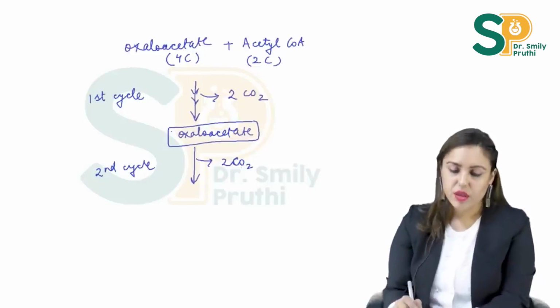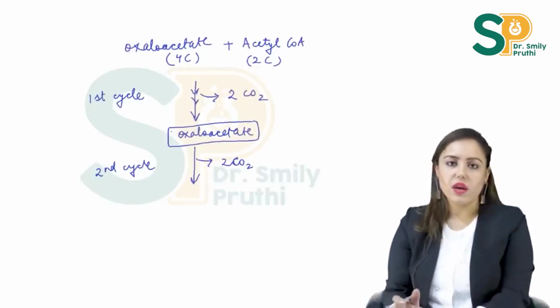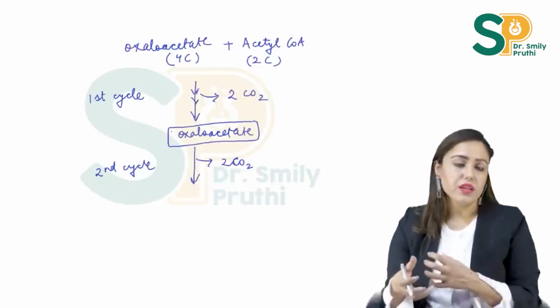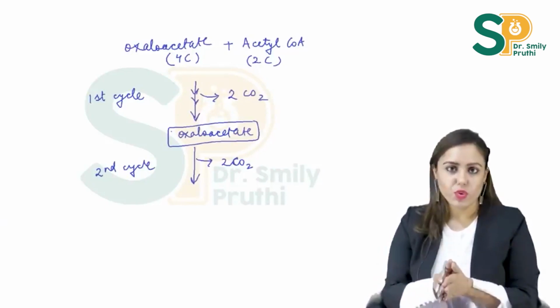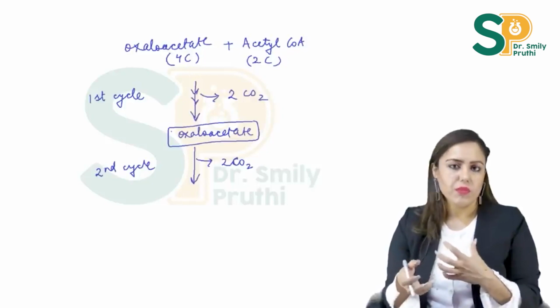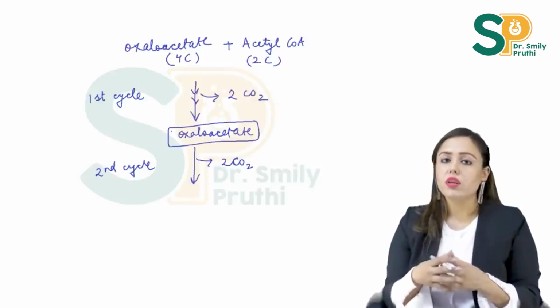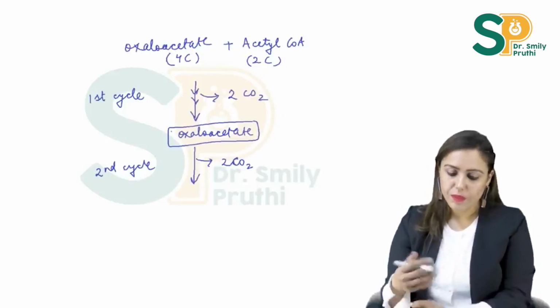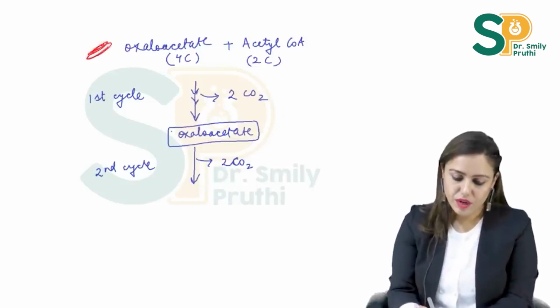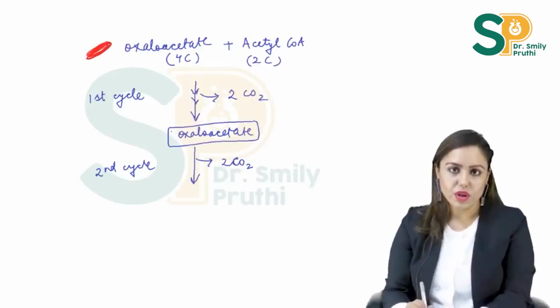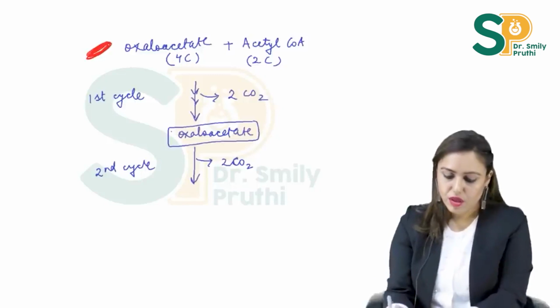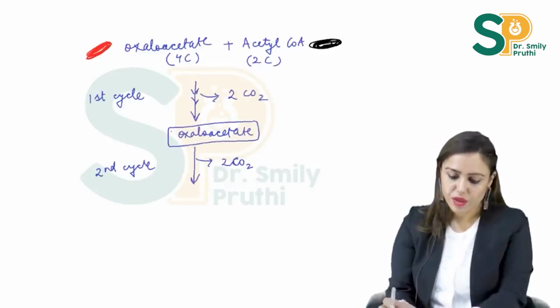So let's say we are carrying out TCA reactions in the lab in vitro, so we can give colors to the carbons, right? Let's say we give red color to the carbons of oxaloacetate. Let's give black color to the carbons of acetyl-CoA.